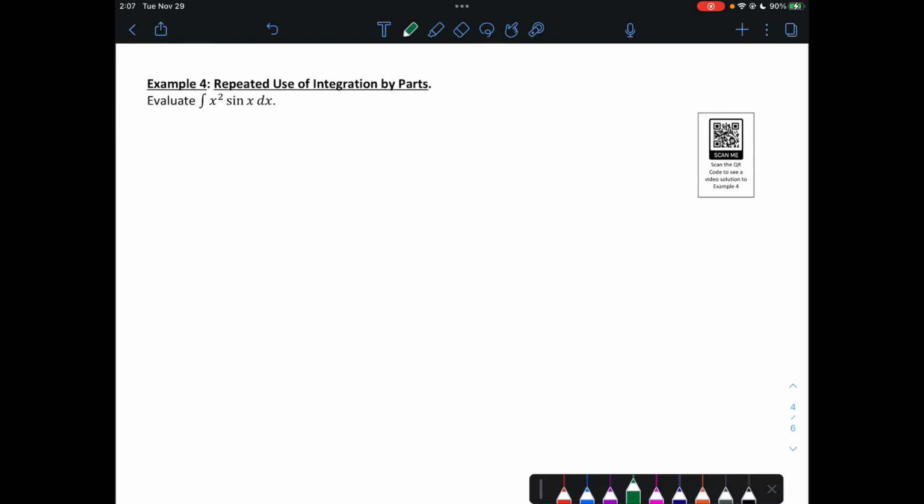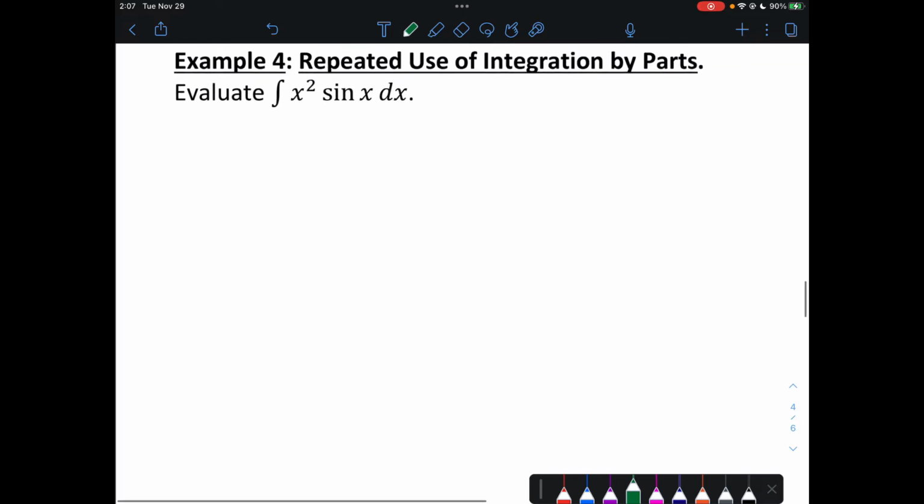Number 4, what if we need to use this twice, or 3 times, or 4 times? It can happen. I don't know if we'd ever see one that we'll have to use it more than twice, but it can happen. All right, so here's another problem where if we try to substitute, nothing's going to help us work. There's no logs, there's no inverse trig.